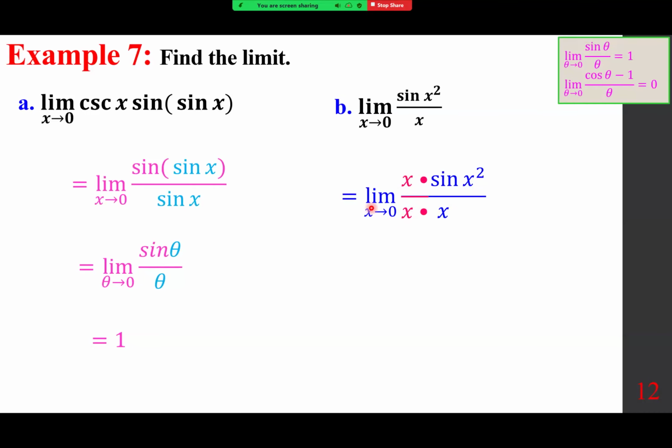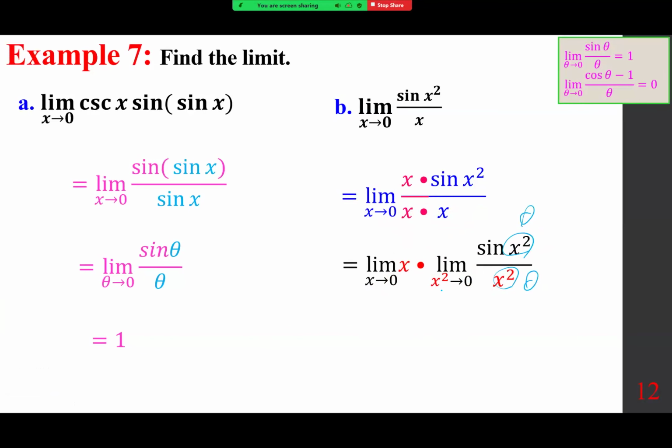And so I'm looking at the limit of x as x approaches 0 and the limit of this part. So this numerator, the limit of x as x approaches 0, and then this times this is x squared. So now this part, everybody, think about this as theta.